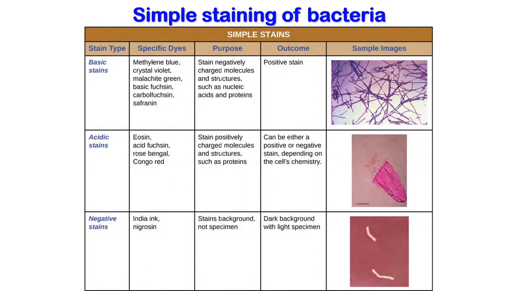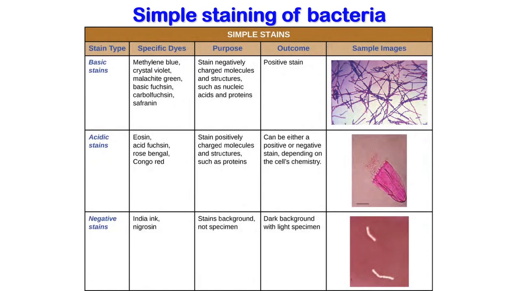So simple staining of bacteria is just a quick and easy way to determine cell size, cell arrangement, and the shape of the bacteria. Simple staining is just as it describes, a very simple staining procedure that uses just a single solution of stain. So for example, a basic dye such as methylene blue, safranin, or crystal violet can be used to colour the bacterial cells.